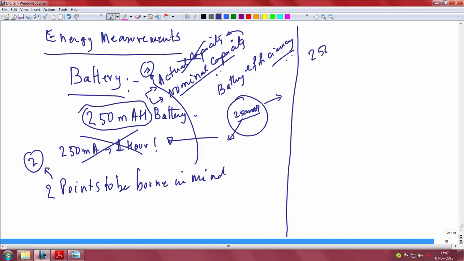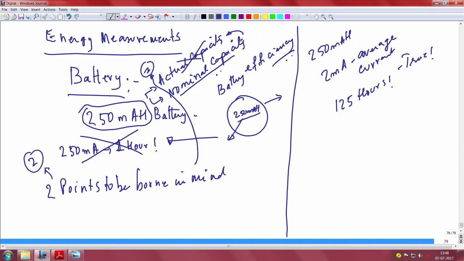If you have a 250 milliampere hour battery, it simply means if you draw 2 milliamperes continuous current, or I would say average current, I will be a bit more careful, average current, if you draw 2 milliamperes of average current, the battery will last for 125 hours. This is true, in a way.